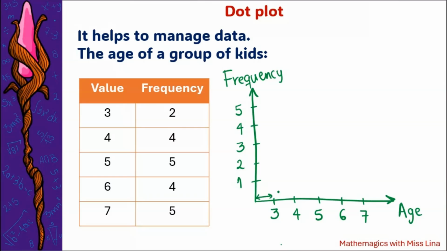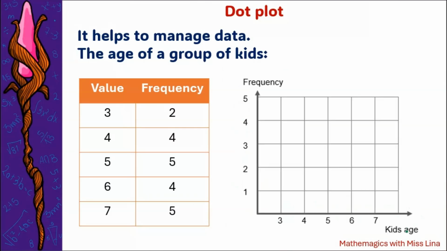Every step has to have the same size in the frequency and in the ages, and it should look something like this. So we have the kids' age and the frequency in a perfectly square grid. In this way, it's going to be easier to represent the information.